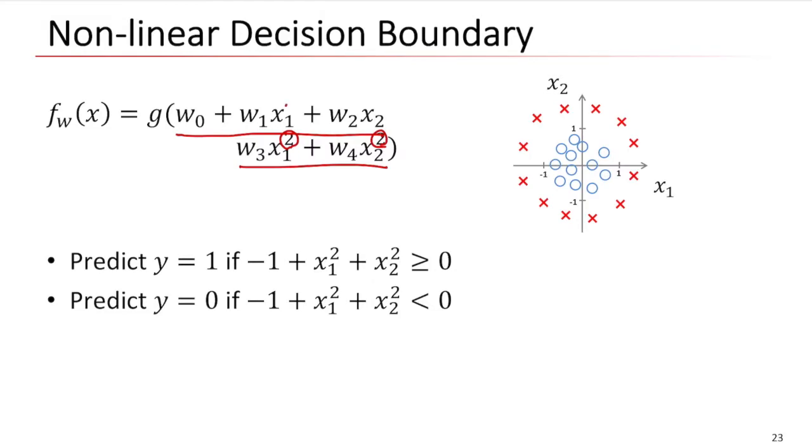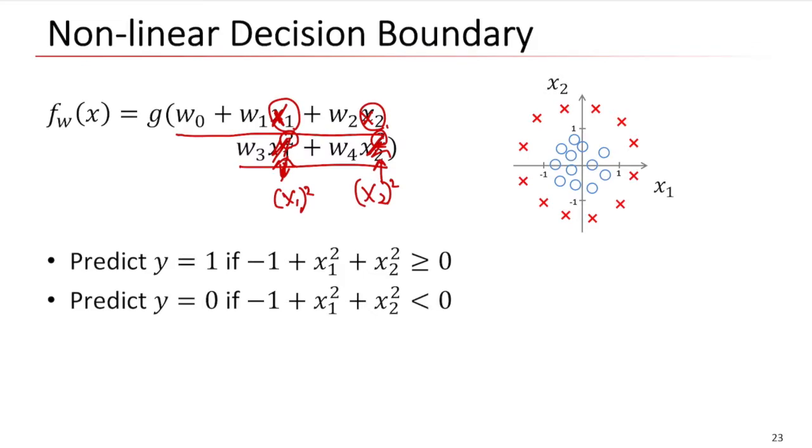Some of you are confused by this. Let's say this is the first element of the feature, and this is the second element of the feature. This is the first element squared, and the second element squared. Let's say it looks like this. It'll be much better. Okay.